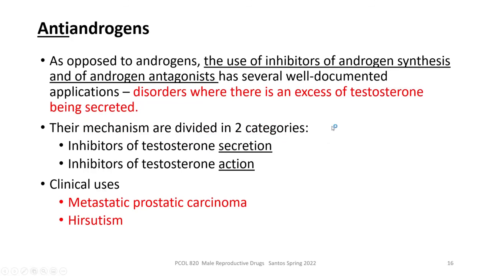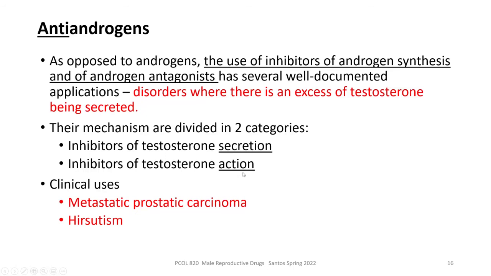We also have, like we saw for estrogens, anti-androgens. And as opposed to the use of androgens, they have many indications, and they are basically divided in two categories: drugs whose mechanism inhibits the testosterone secretion, or the ones whose mechanism of action inhibits the testosterone action.